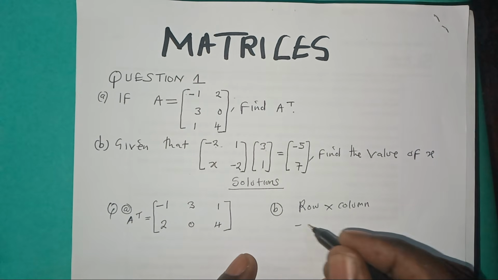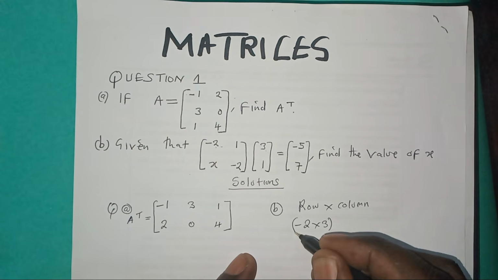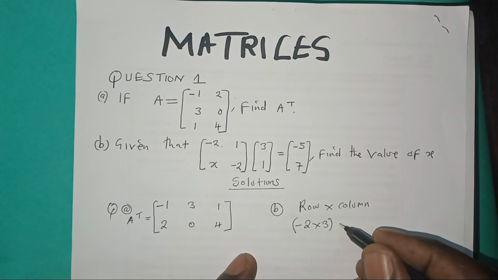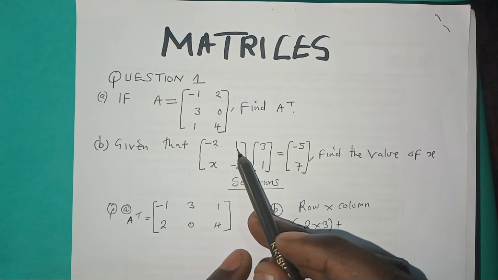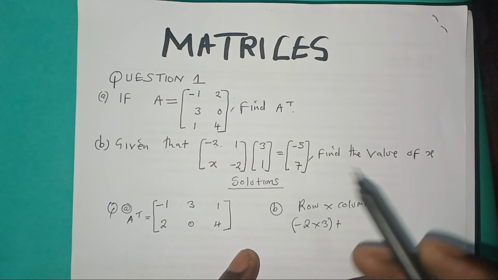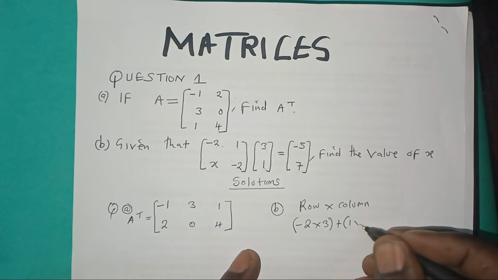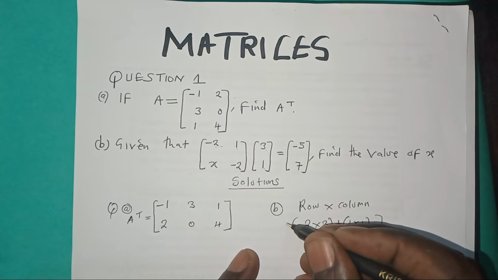So it's -2 times 3. We can put it in brackets. Then we say plus the second element in the first row, which is 1, times the second element in the column here, which is 1 also. Then we can close the matrix.